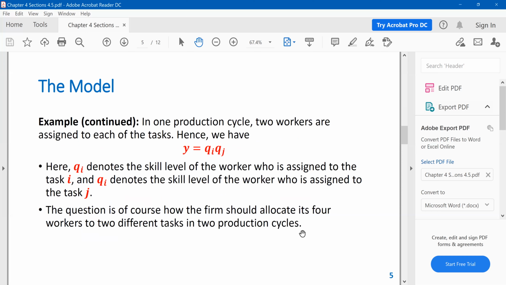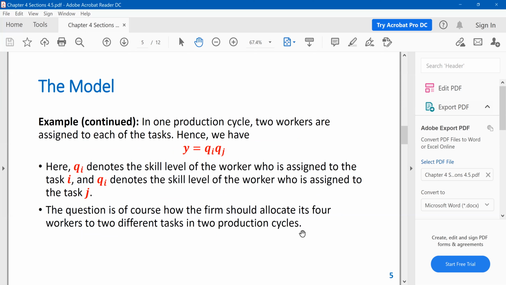And since we have 2 tasks, obviously we have this production function. Right now we have 2 tasks. Qi and Qj are the skill levels of the workers that we attach to these tasks. Okay.